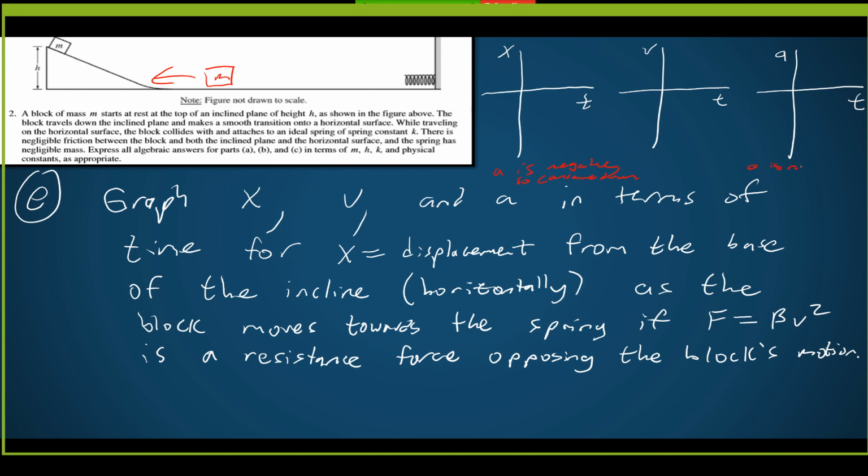A is negative, so y value must be negative. A is negative, so slope is negative.